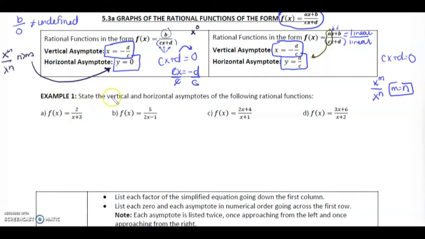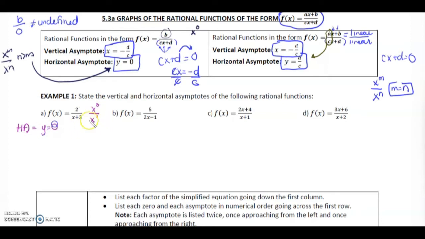Example 1. State the vertical and horizontal asymptotes of the following rational functions. So A, f(x) = 2/(x + 3). The horizontal asymptote is the easiest. We have a constant, which means we have x to the 0, and then we have an x to the 1. The exponent in the numerator is less than the exponent in the denominator.